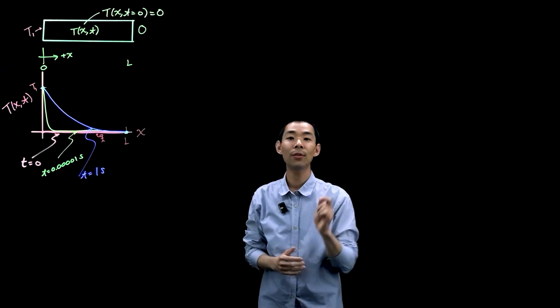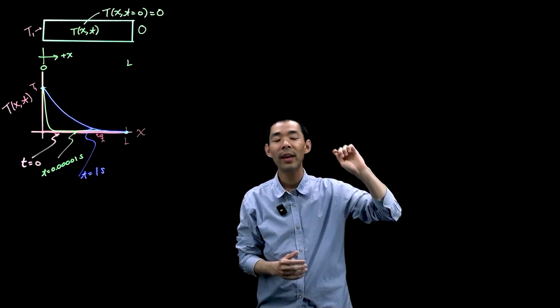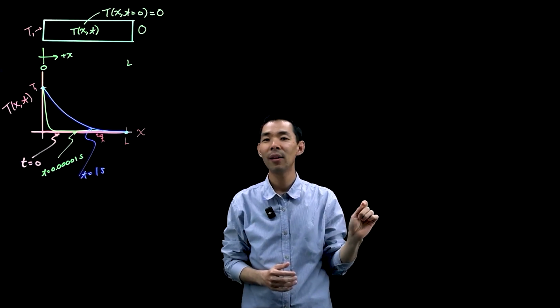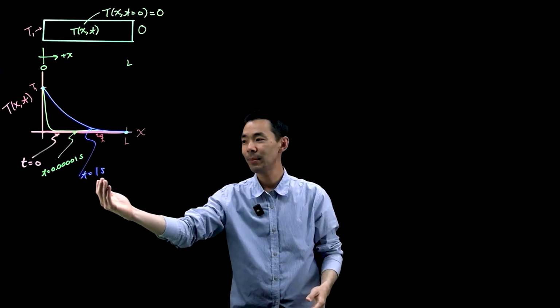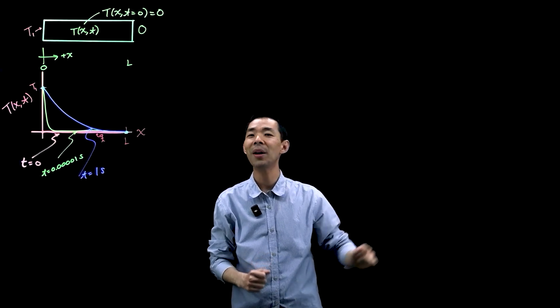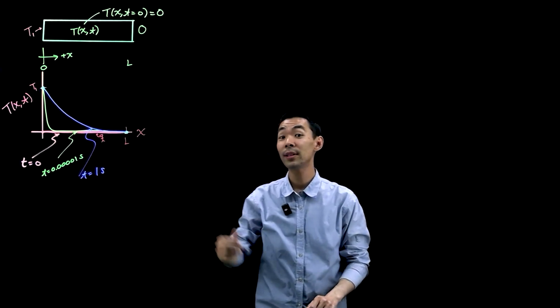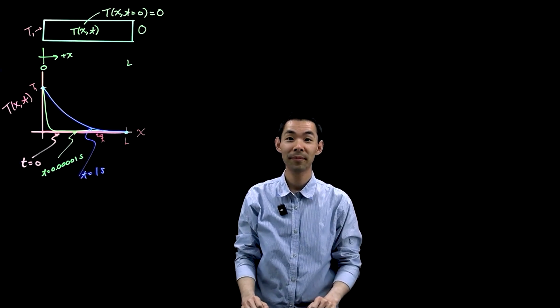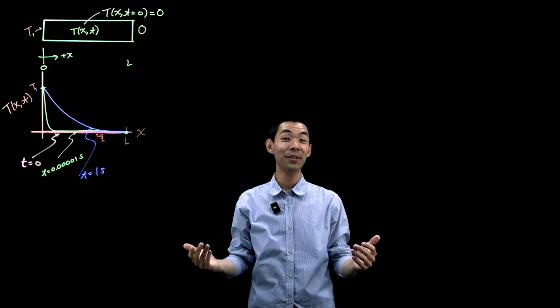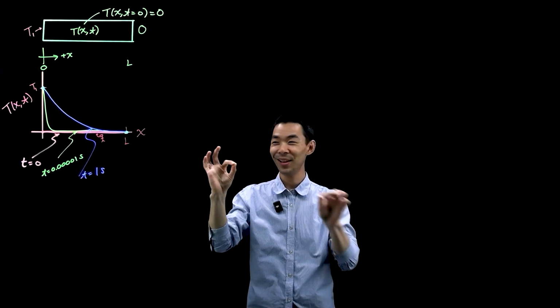Now, final question. When you wait an infinitely long time, when time t goes to infinite amount of seconds, how do you expect these 2 points to be connected to each other? The easiest way to connect 2 points is by a line.